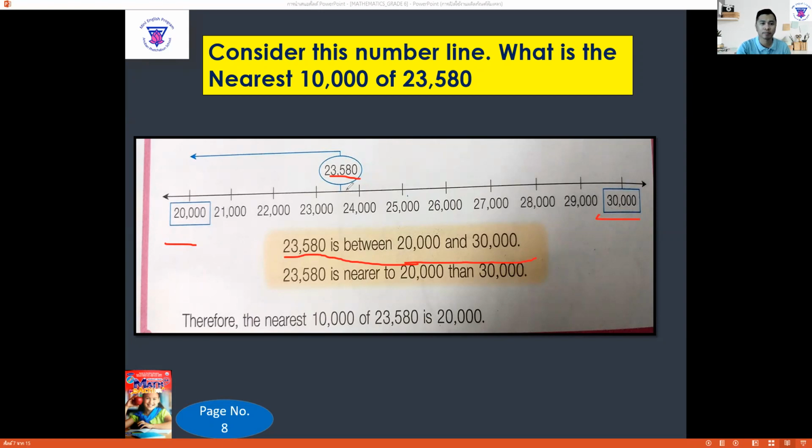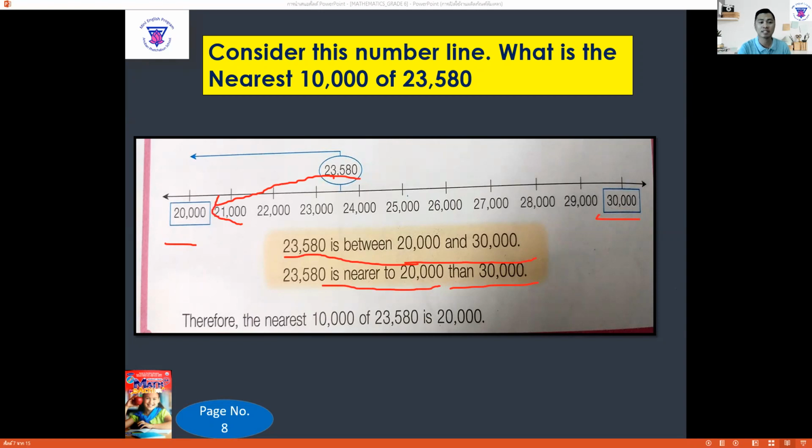It's here somewhere. So now 23,580 is nearer to 20,000 than 30,000. That means it's very close to 20,000. It's nearer.